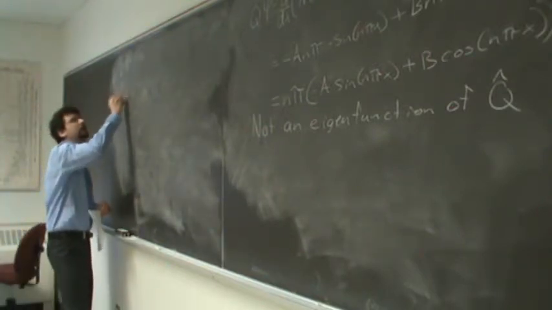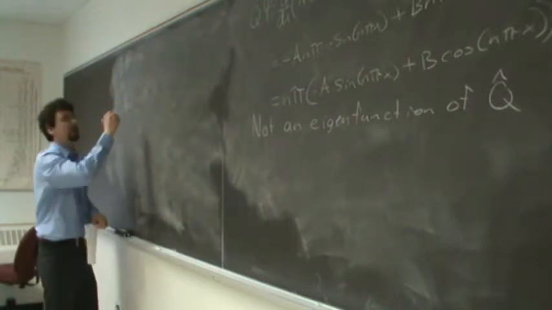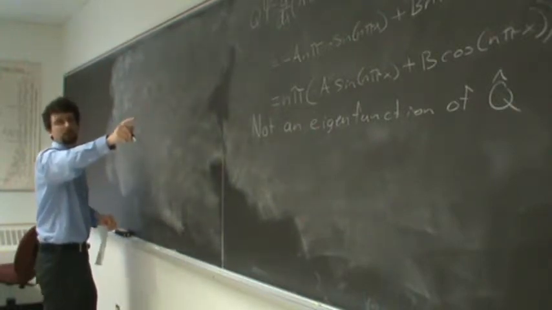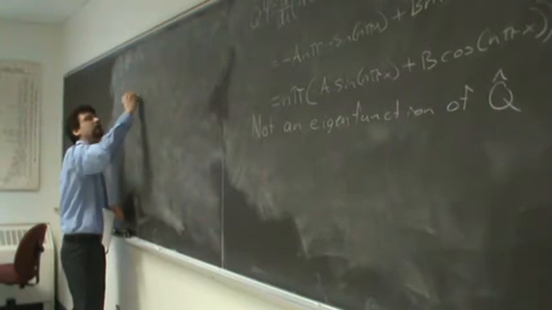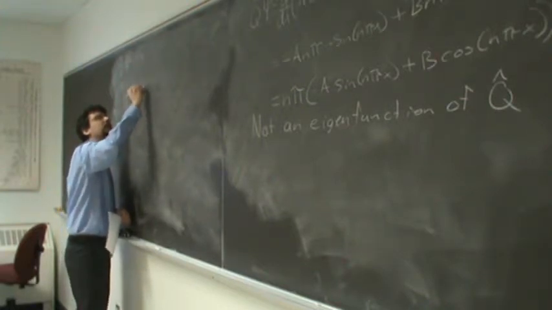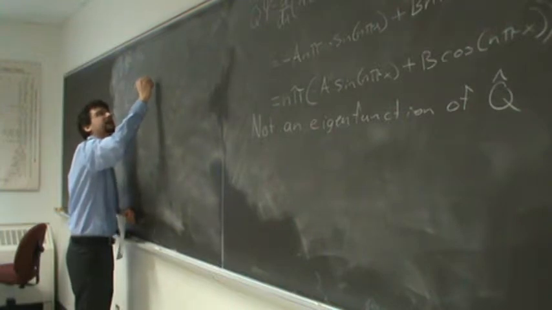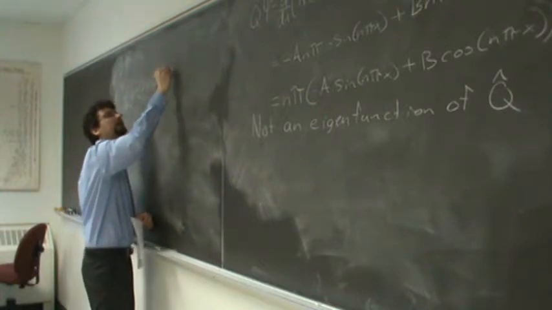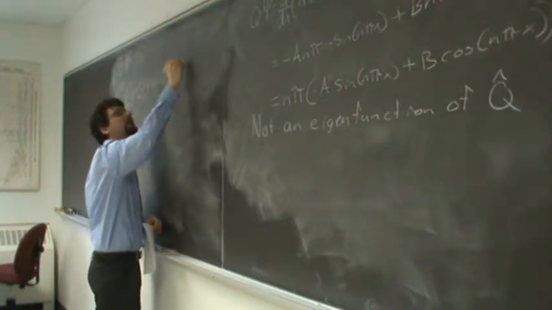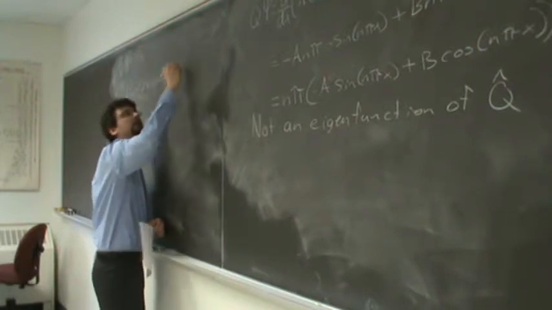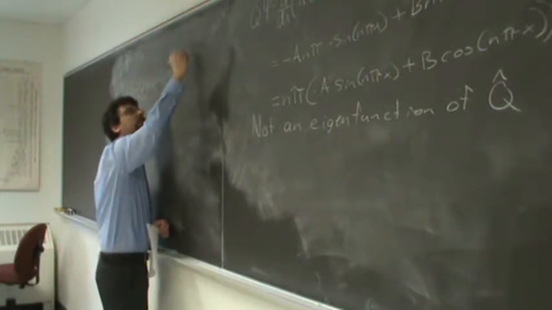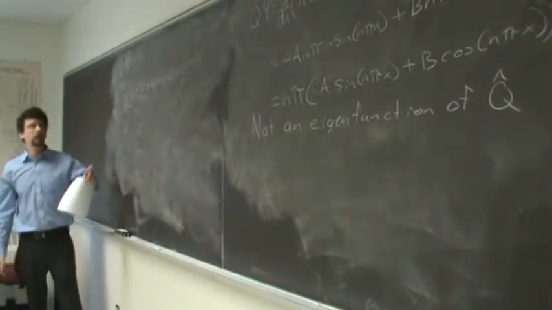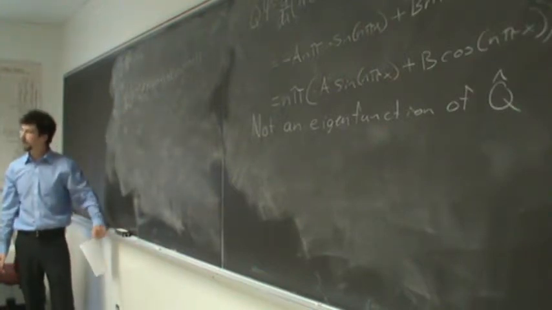So we had n pi times negative a sine n pi x plus b cosine n pi x. Okay, we're going to leave that n pi out front because it's being multiplied by everything, right?